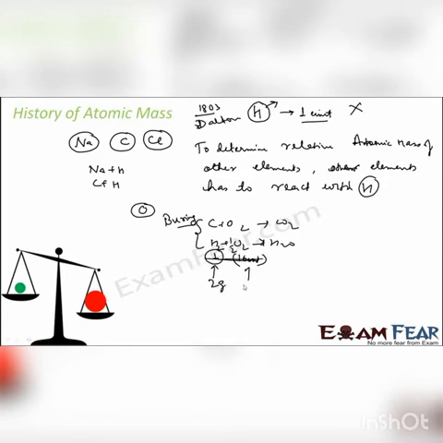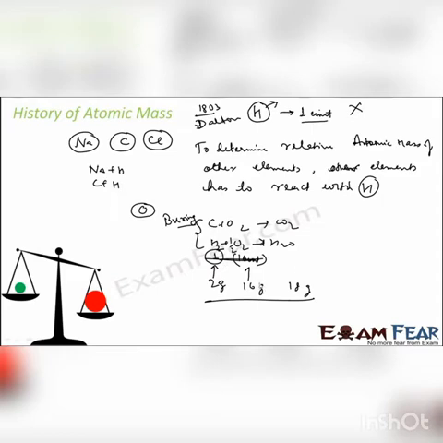This is experimental data: 2 grams of hydrogen react with 16 grams of oxygen to give 18 grams of water. So here we have 2 hydrogen, here we have half oxygen.